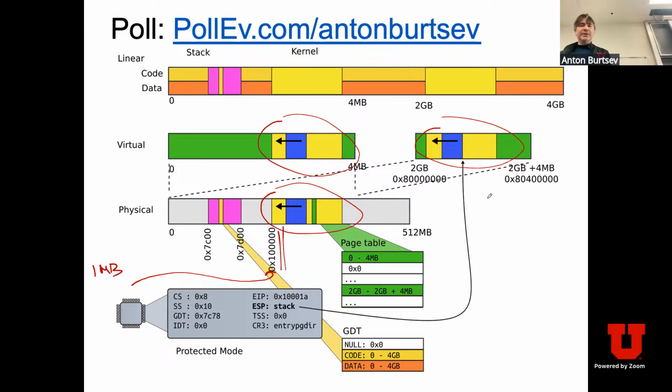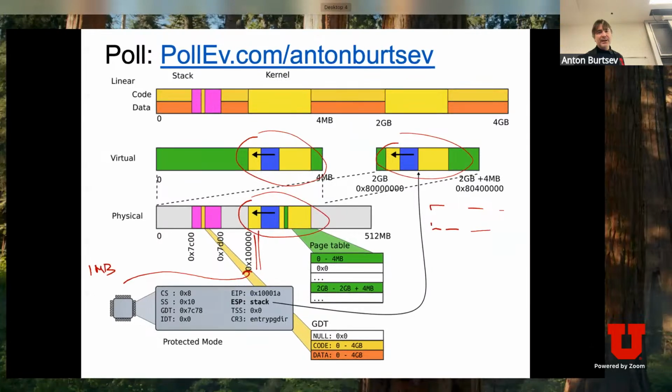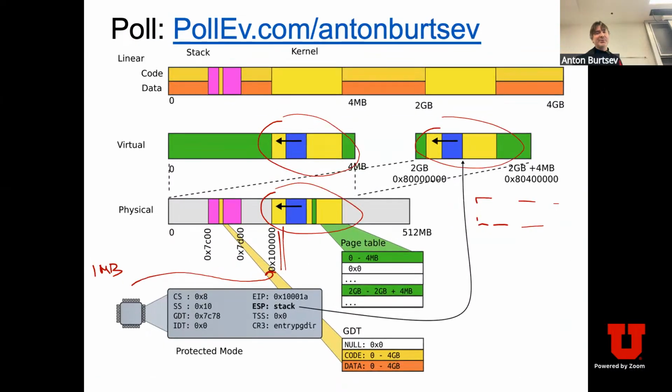So it doesn't show up at the 2nd gigabyte, just because this physical memory may not even be available. Make sense? Hopefully everyone correctly changes the answer. Everyone answered? Good. Okay, cool. Let's go to the next one.